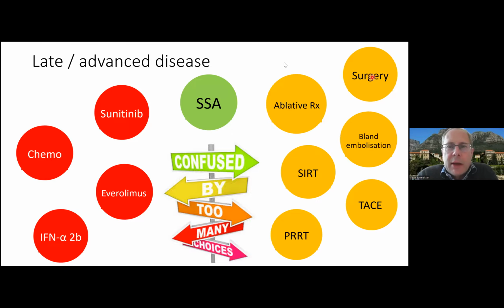Certainly what has come into vogue as a very popular therapy in the last few years is PRRT, which you see at the bottom of the page there. That's peptide receptor radiotherapy, and usually the patients receive a labeled lutetium. It's the same principle as the PET CT scan, whereby the ligand, the somatostatin, binds the receptors, and that ligand is labeled with a radioactive substance that then shows up on the scan.